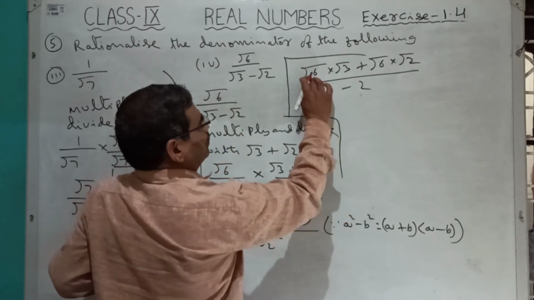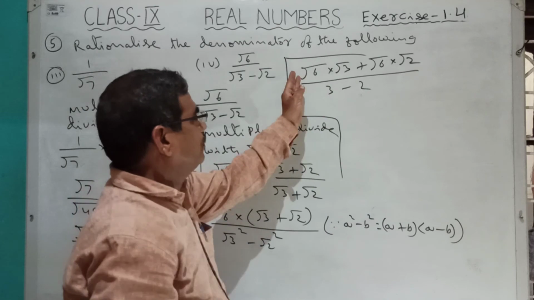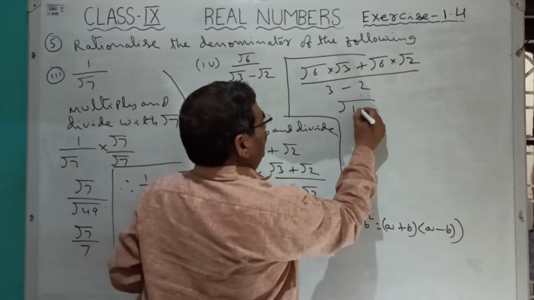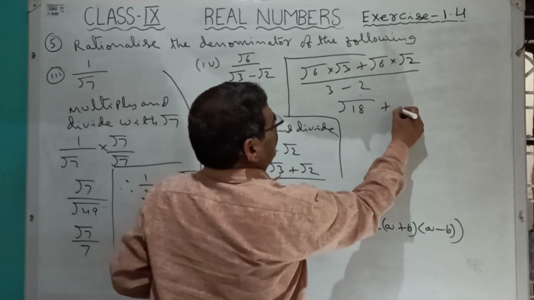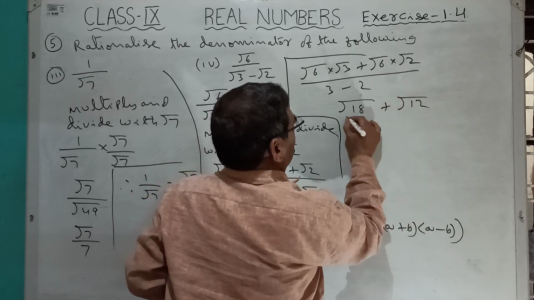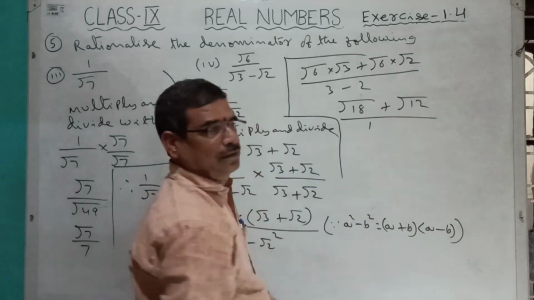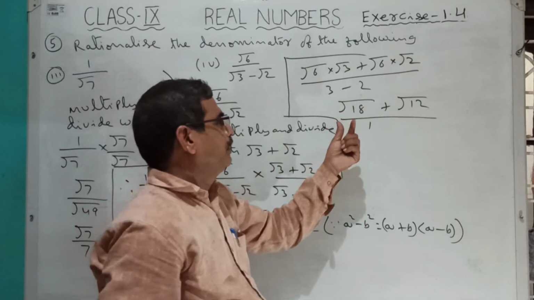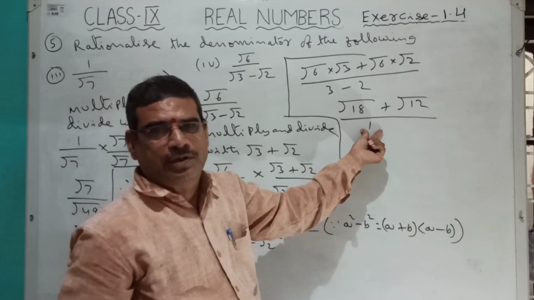So into symbol, I already told you, you can write single root. Root 18 plus root 12 by 1. Here for 1 no value. In next step, I will remove this one.